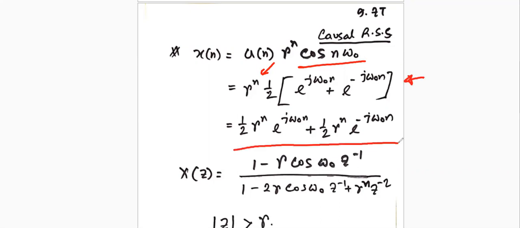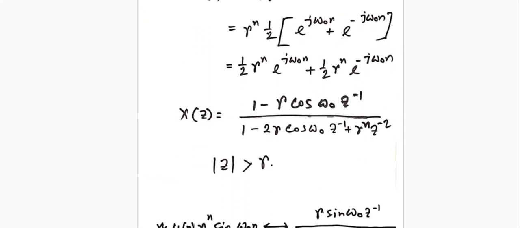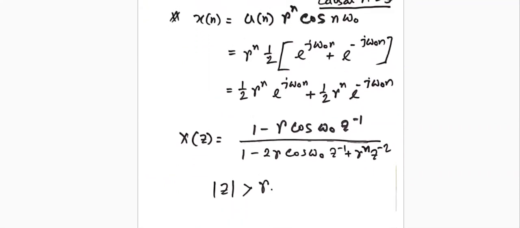We can divide this equation into two parts, and now you can go for the Z transform of this section and of that section. We'll show that in future lectures, but you can do it yourself and find the Z transform expression like this. And from this expression, you also need the ROC of this segment.